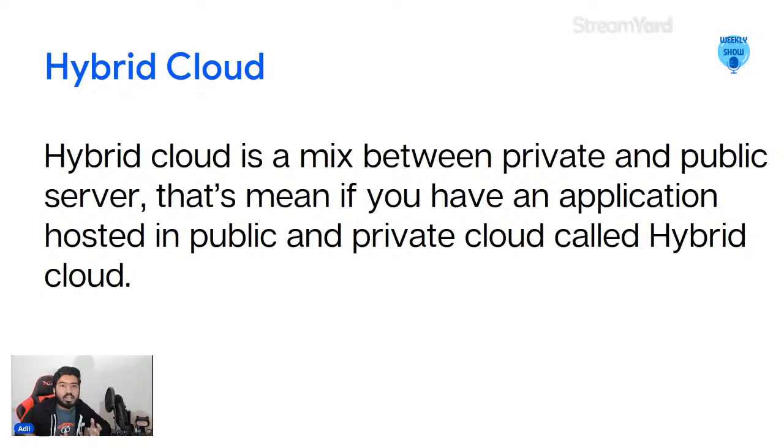So what is hybrid cloud? Hybrid cloud is the mixture of private cloud and public cloud. For example, if I'm running a data science organization and we have some data we don't want to share with the public cloud, but we want to showcase the website we are giving to our customers, we can create a simple website and host it on public cloud because it's very cheap.